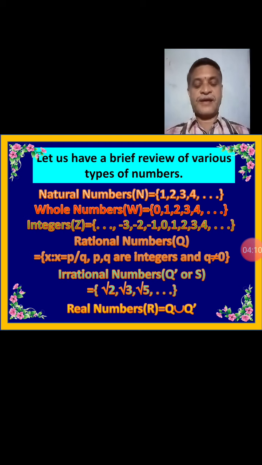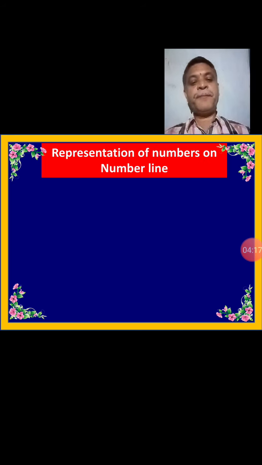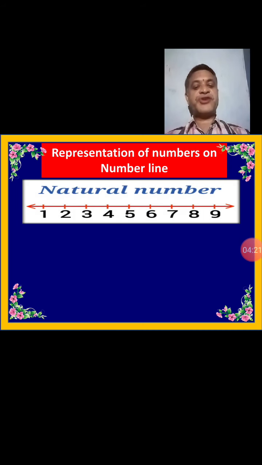Let us see some properties and representation of numbers on the number line. This is the important thing in our 9th class. So this is the natural number line. You draw a line and put dots at equal distance and write from 1 onwards. This number line is called the natural number line.